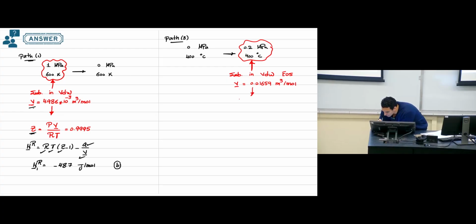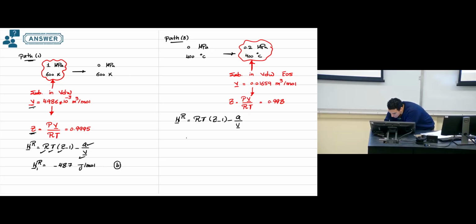Use this value to calculate the compressibility factor, which is PV over RT. So this pressure, 0.2 megapascal, 400 Celsius, this molar volume value, and Z will be 0.998. So now we can get back to the residual property equation, which is RT (Z minus 1 minus A over V).